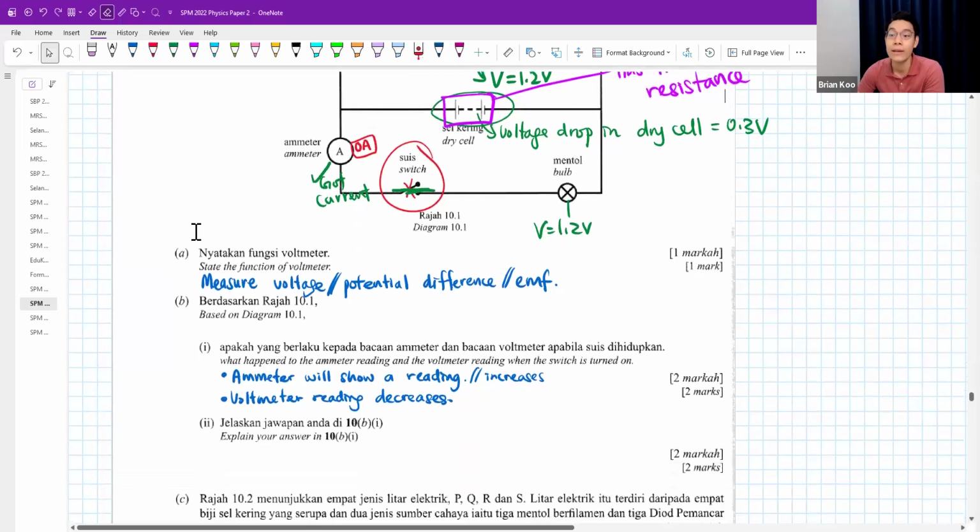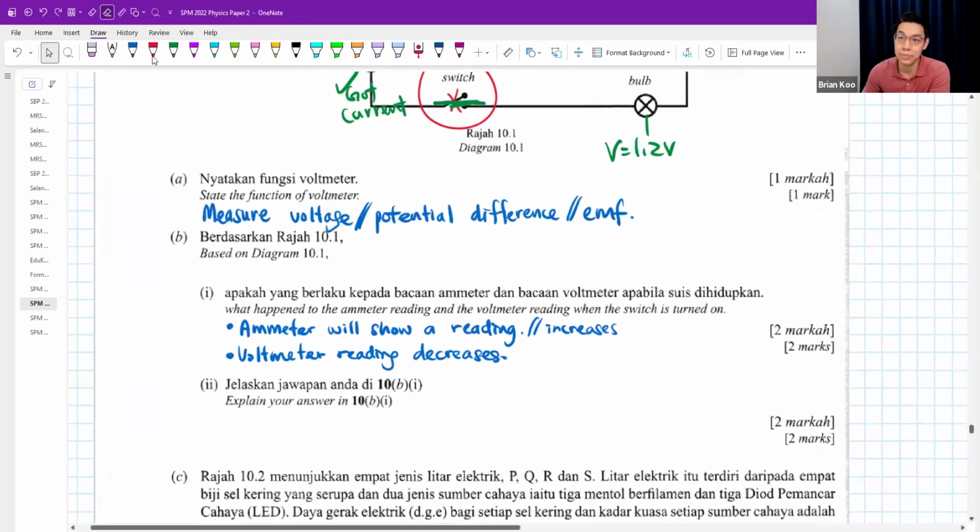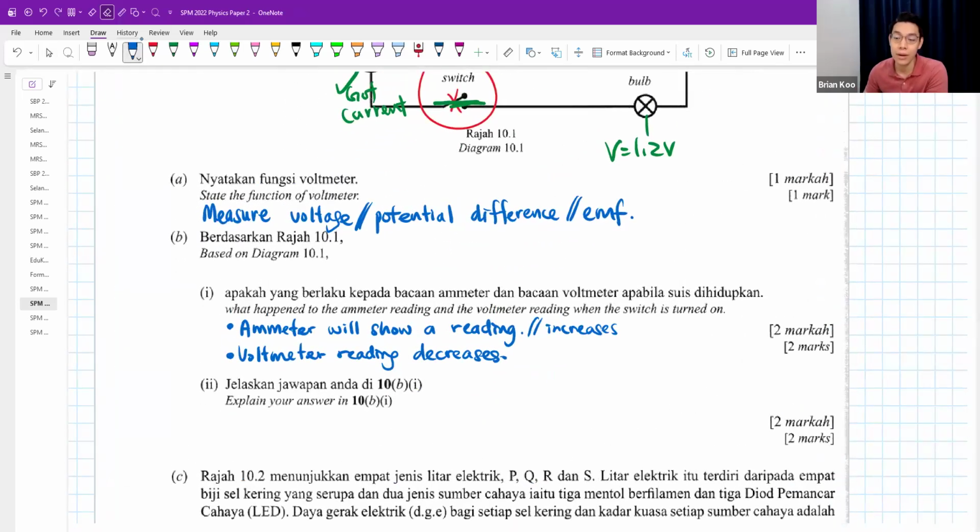That is the idea. So to explain your answer, why does the ammeter have a reading? Because current will flow now. Why will the voltmeter reading decrease? Because the battery has internal resistance, or because there is voltage drop in the dry cell.